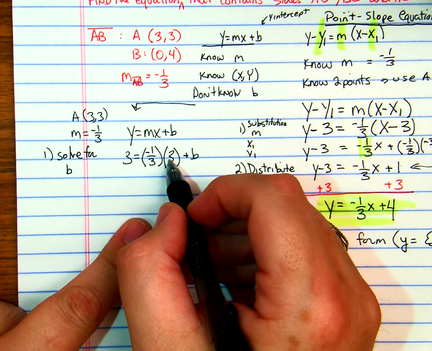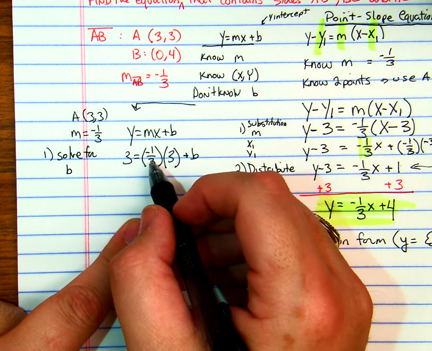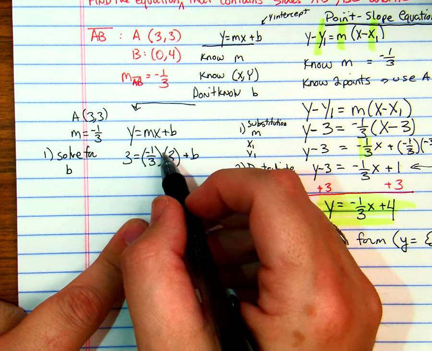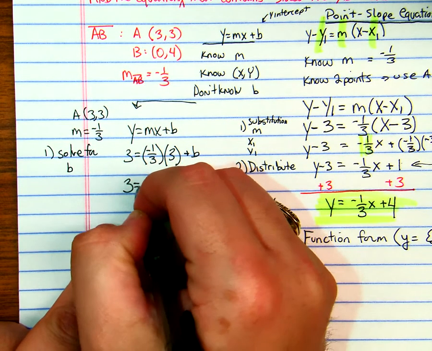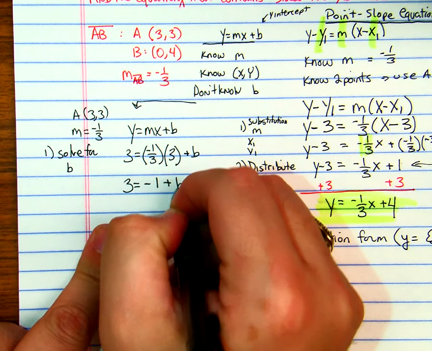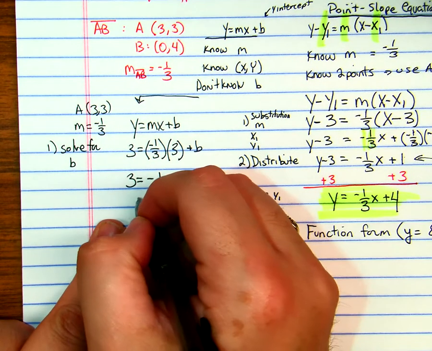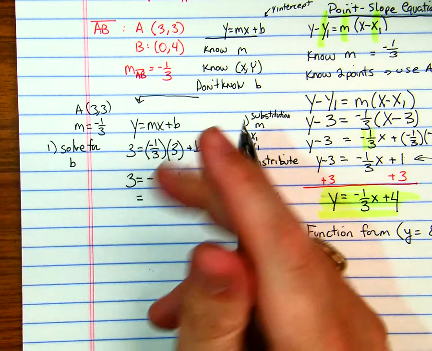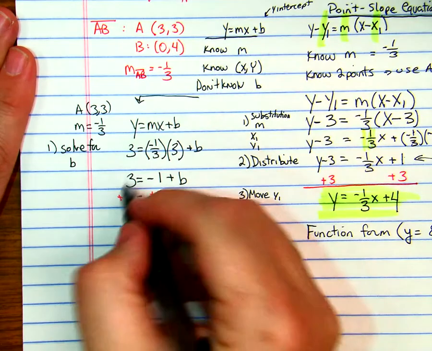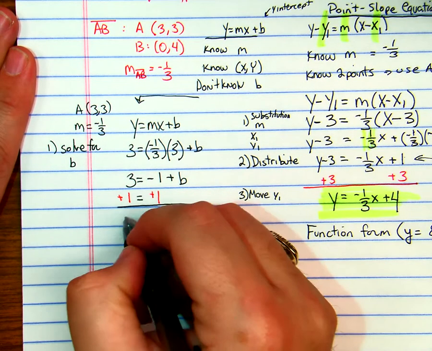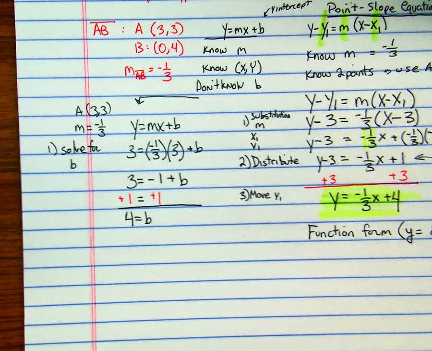They're reciprocals again, so when I multiply them, I get a 1, but it's negative times positive, so it's going to end up being negative. So 3 is equal to negative 1 plus b. Now I'm going to add 1 to both sides. Four is equal to b. So I figured out b.